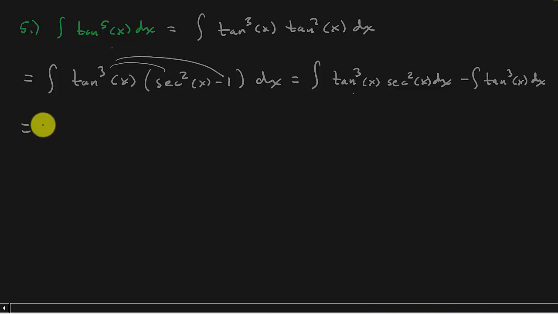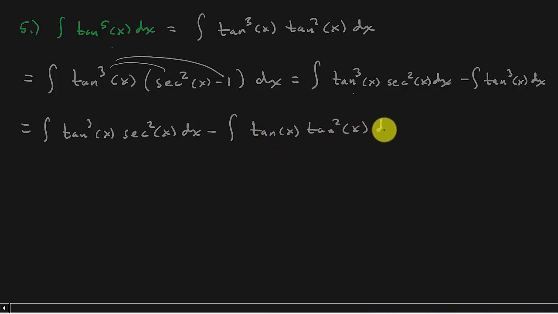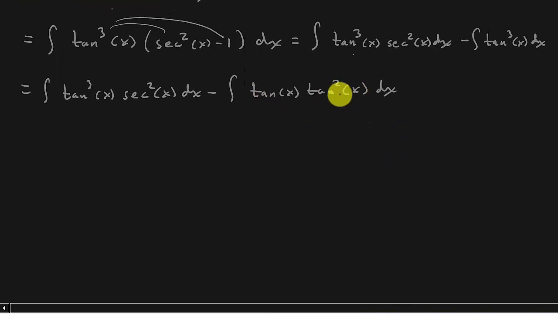So I think what we need to do here is, we've got tangent cubed x secant squared x dx minus, tangent x, tangent squared x dx, and I think we need to redo this one also. Let's see what we get. Like I said, we're not worried about the first one. We can integrate it. I'm just going to hold off and integrate everything at the same time.